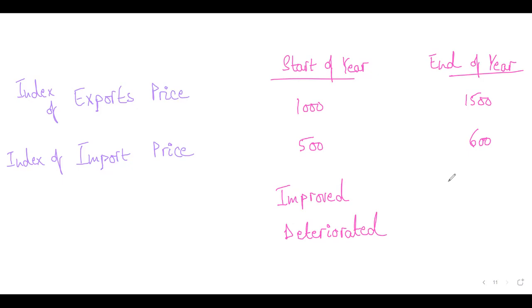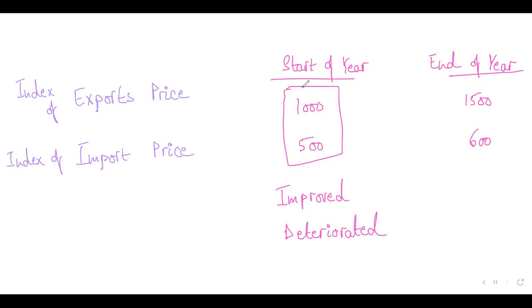Now, what's the idea? If you look at this example, listen to this carefully. Compared to the start of the year, now you need to export lesser quantity to sponsor your imports.